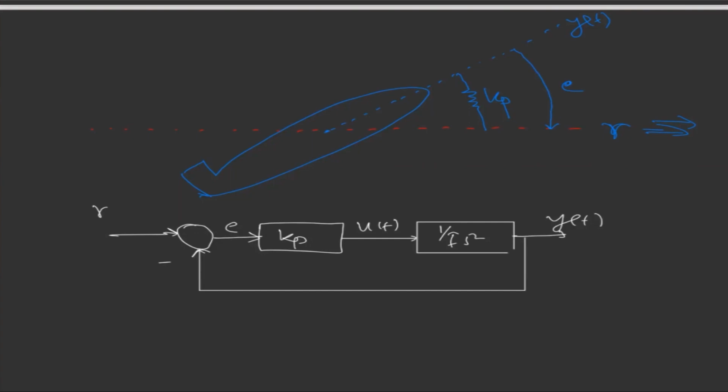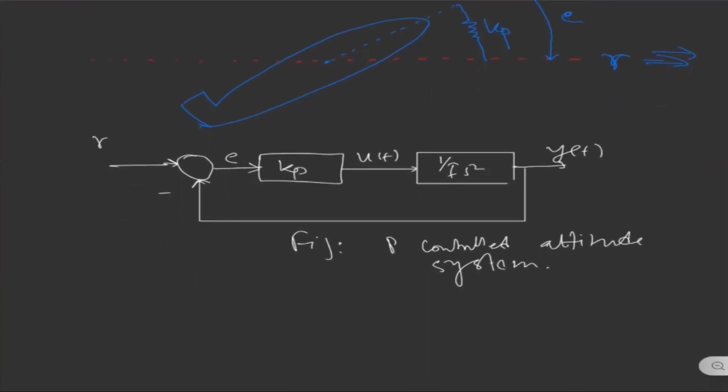So this is the structure of the P controlled attitude system, and this is the problem.